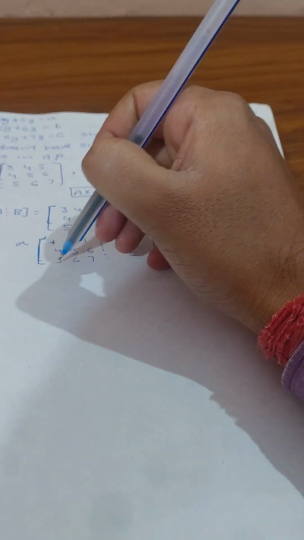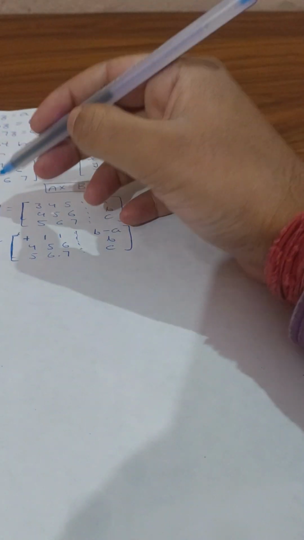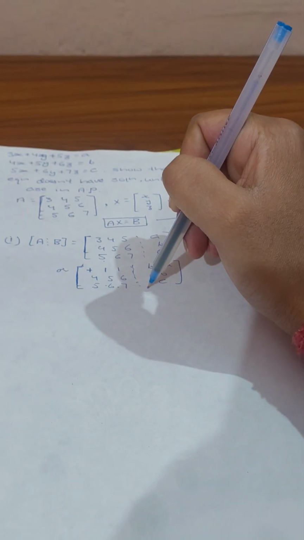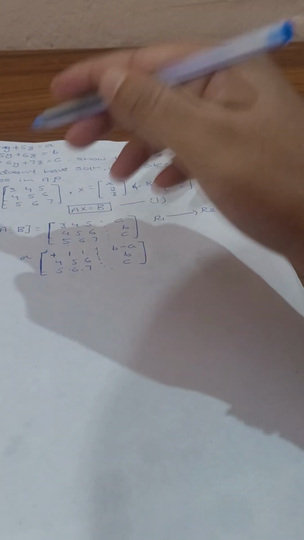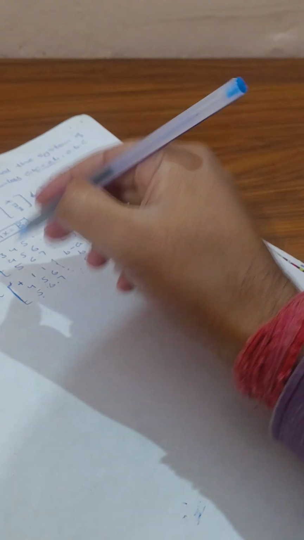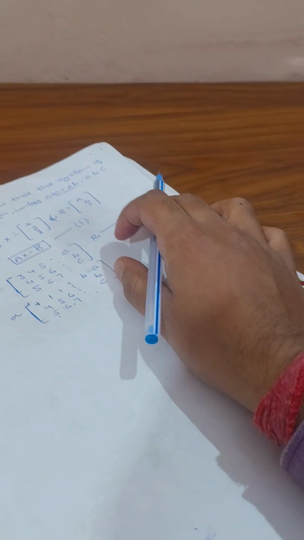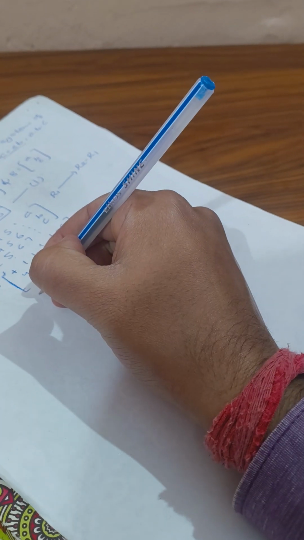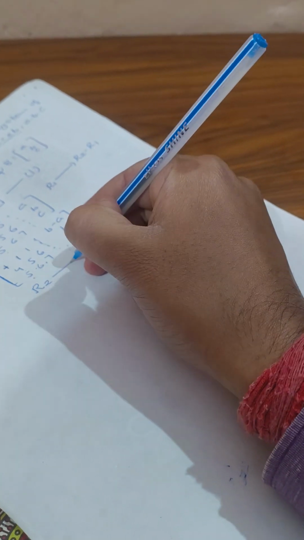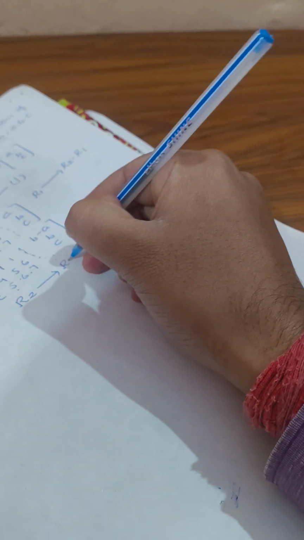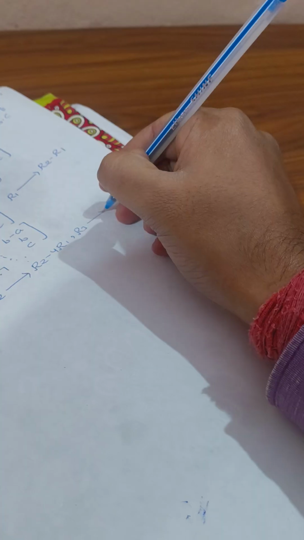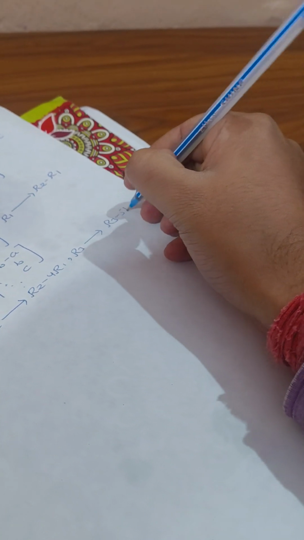In the last rows, the leading entries are non-zero. So to become echelon form, we have to convert all those entries to zero, in the second row as well. To make these entries zero, we apply some transformations: R2 becomes R2 minus 4R1, and R3 becomes R3 minus 5R1.